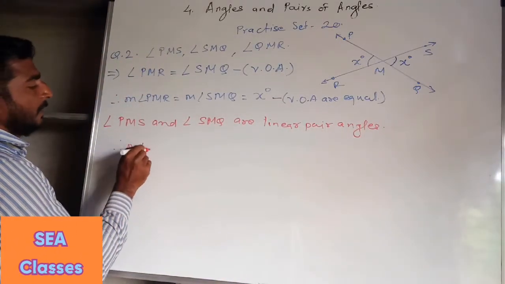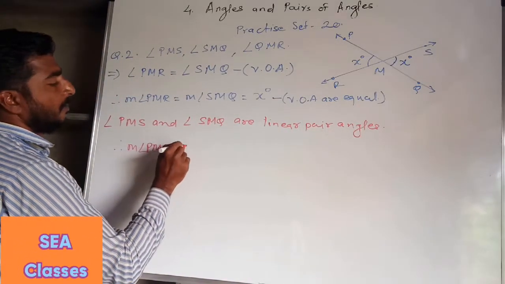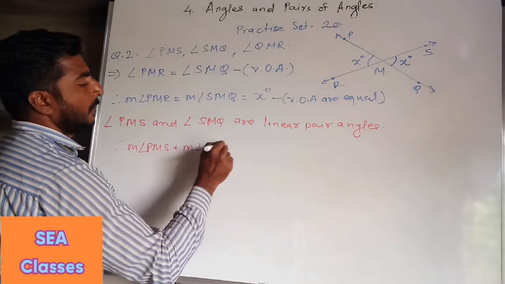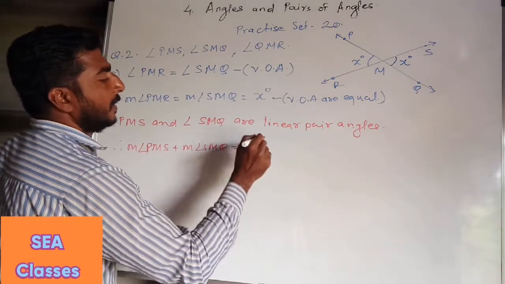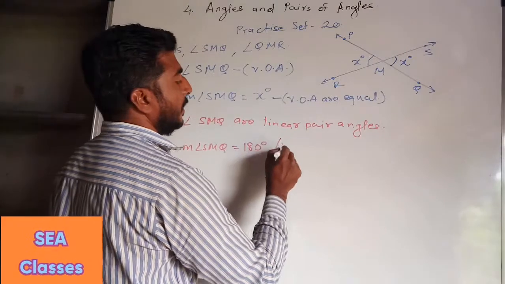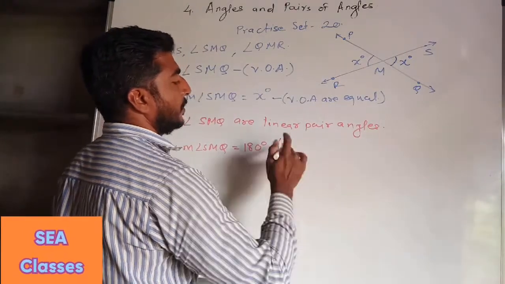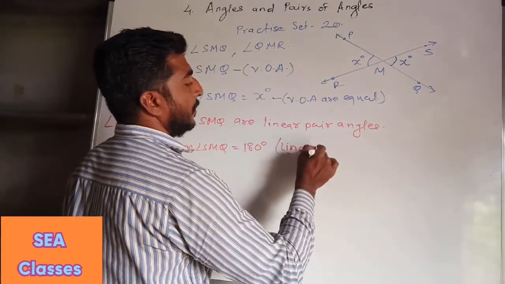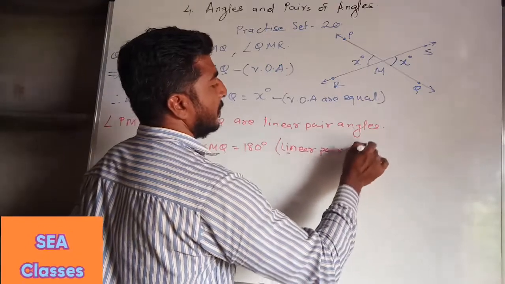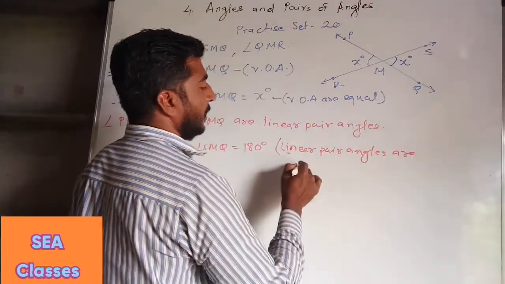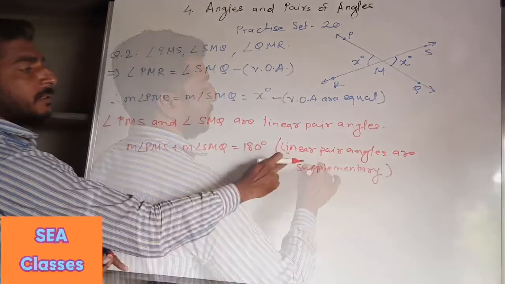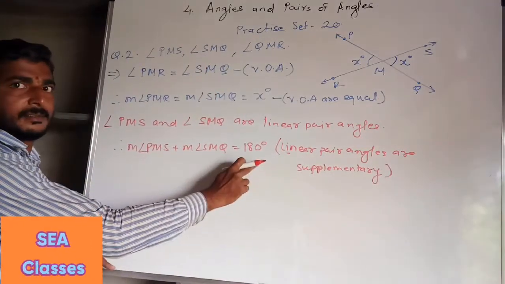Therefore, measure of angle PMS plus measure of angle SMQ is equal to how much? 180 degrees. Why? Because linear pair angles are always supplementary.